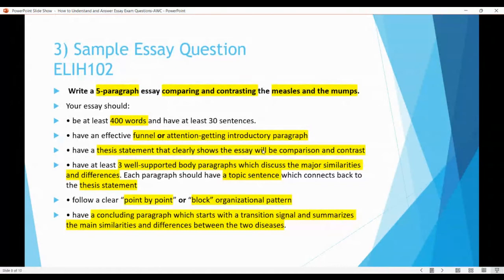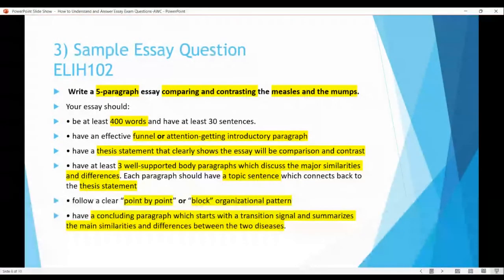If you have less information about similarities, use 1 paragraph. Okay, so it depends on the topic. It depends on the kind of information that you have at your disposal.